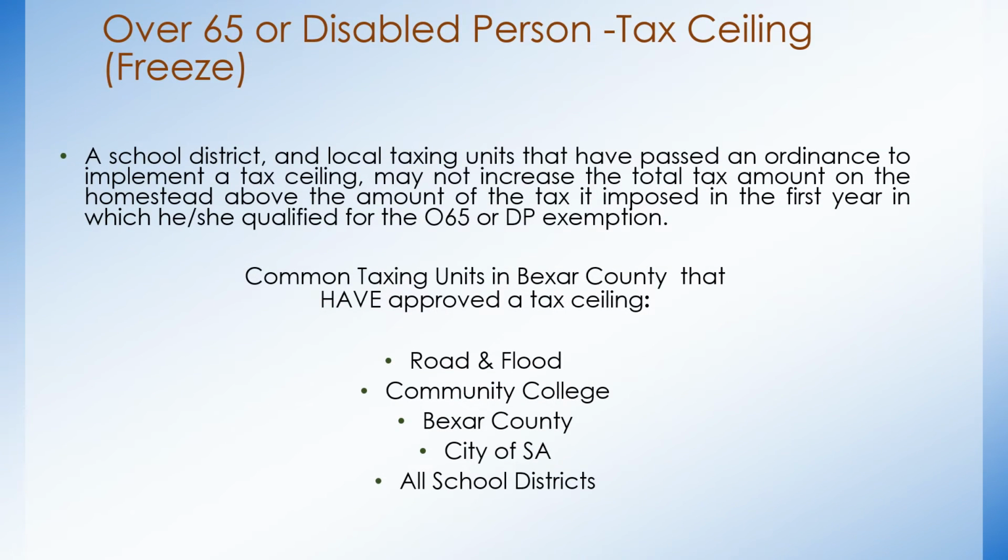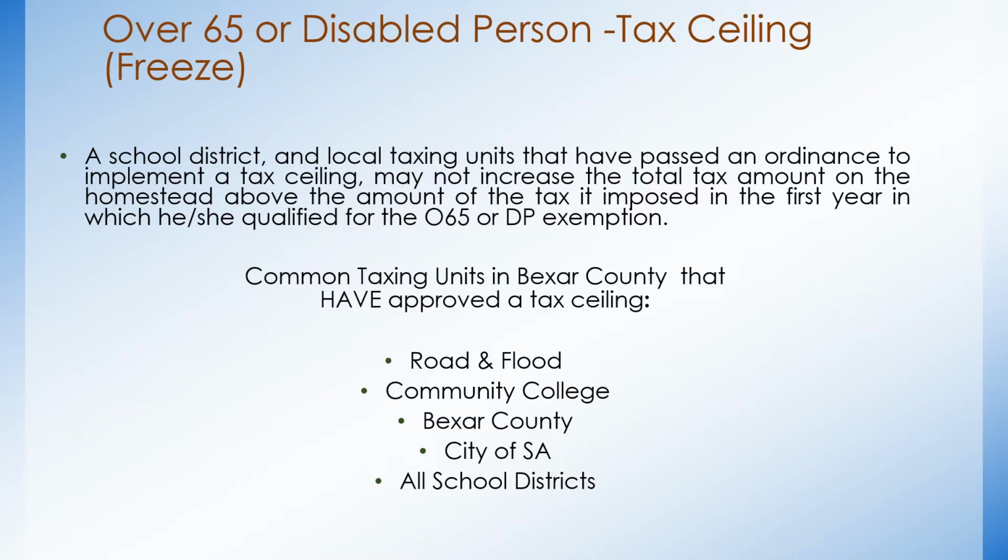One of the largest benefits to the over 65 or disabled person exemption is the tax ceiling or tax freeze. Once the exemption is in place, the dollar amount of taxes that the owner pays in the first year will be frozen at that amount for any concurrent years, even if the value has increased. This tax ceiling or freeze is applicable to many taxing units, including the school district, but does not apply to all taxing units.